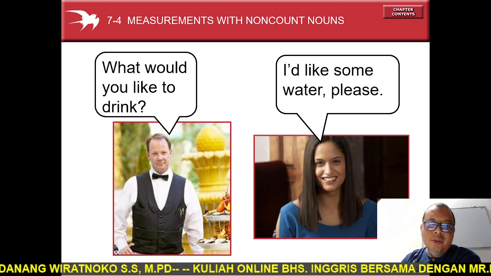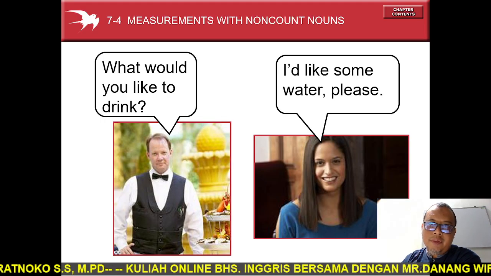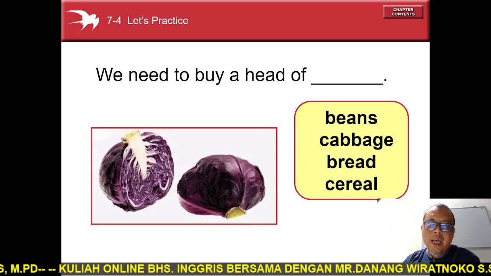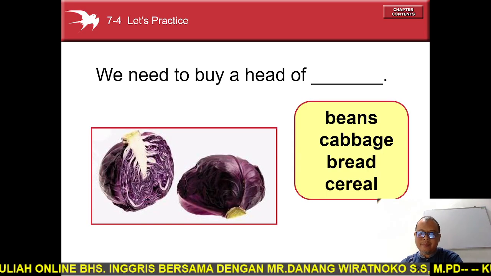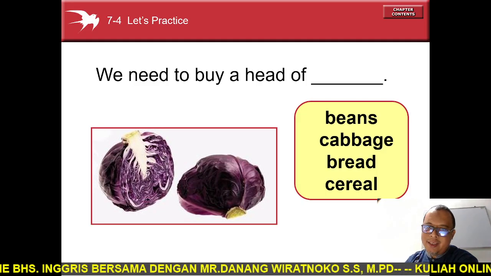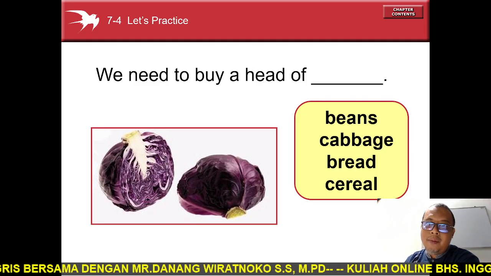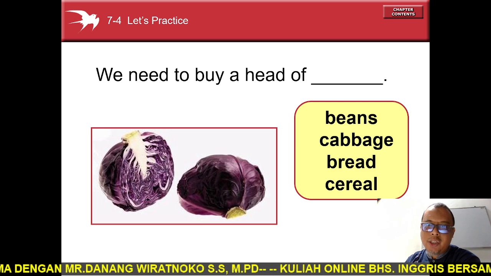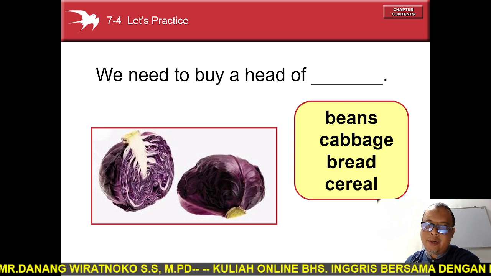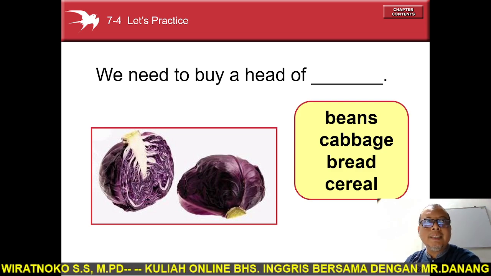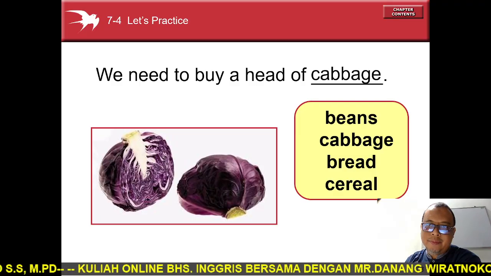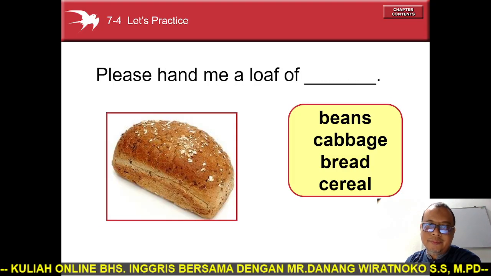Okay, what would you like to drink? I like some water, please. We need to buy a head of cabbage. A loaf of bread, and then a box of cereal. Cereal means like sarapan pagi, that's cereal. Okay, cabbage.